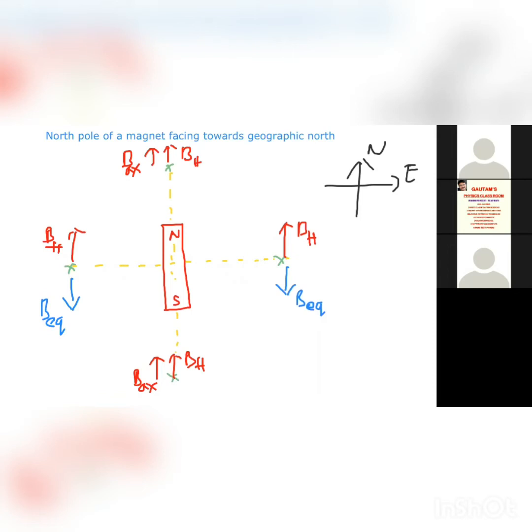Let the distance from the magnet to this equatorial point be r. What is the net magnetic field here? Both are in the same direction, so I can write B axial plus BH. B axial is because of the magnet, BH is Earth's field.